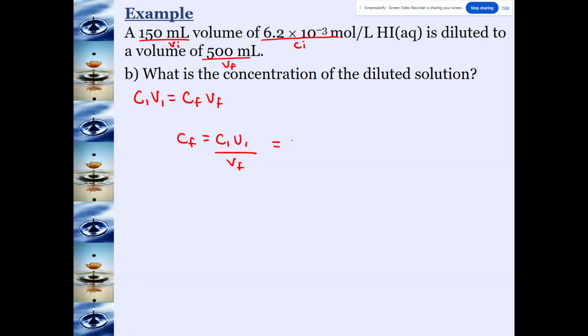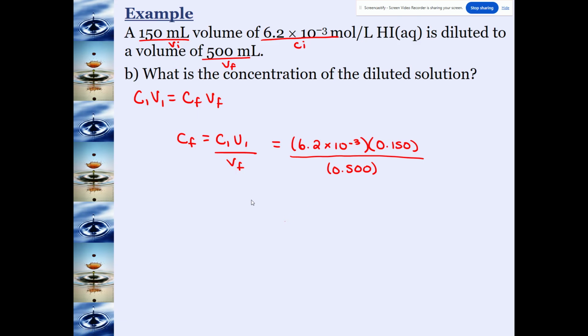So my Ci, 6.2 times 10 to the negative 3 moles per liter. My Vi, technically we should be using liters, but you could also leave these in milliliters because they're in the same units, they would cancel. But if you don't want to have to remember when can I leave it in milliliters, when can't I, just always put it in liters.